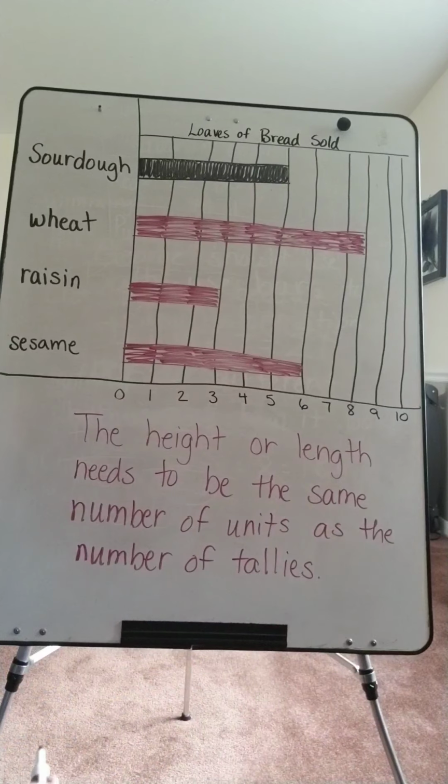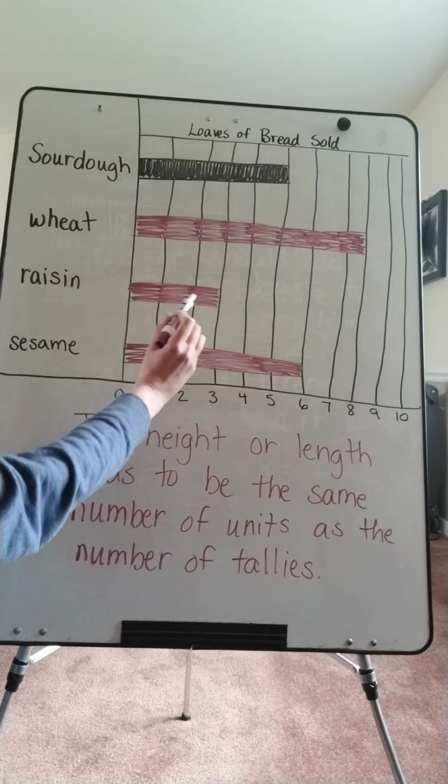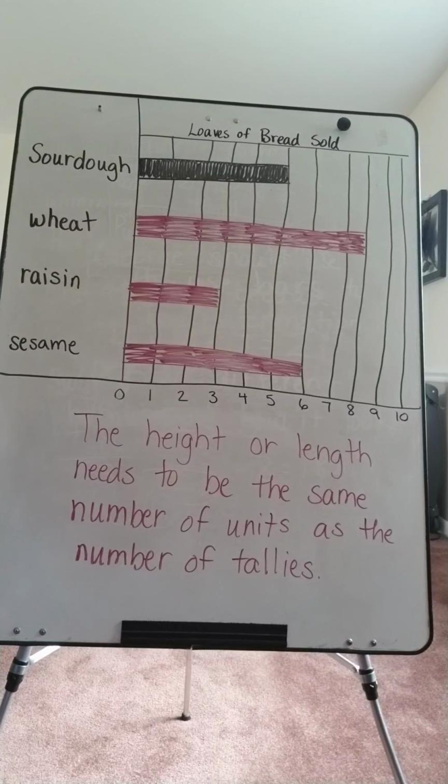So you can't have 4 tallies for raisin and then only go over 3. They have to match. Okay?